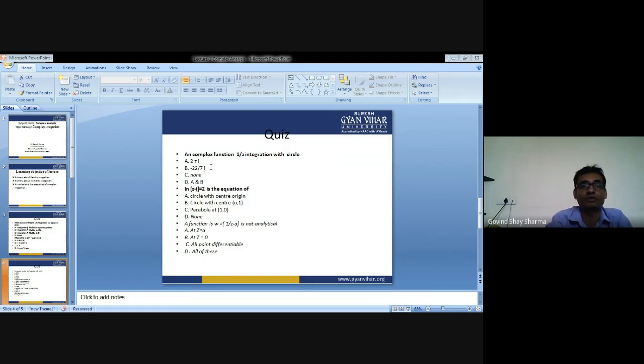The B option is right, circle with center (0, 1). Circle with center origin is wrong because the center is (0, 1). Parabola is not possible.